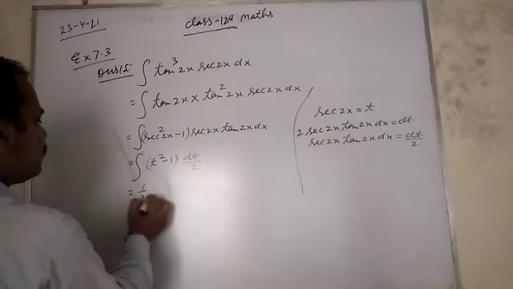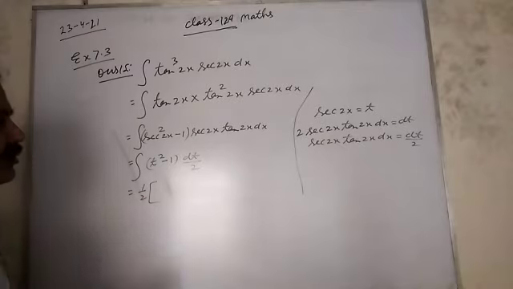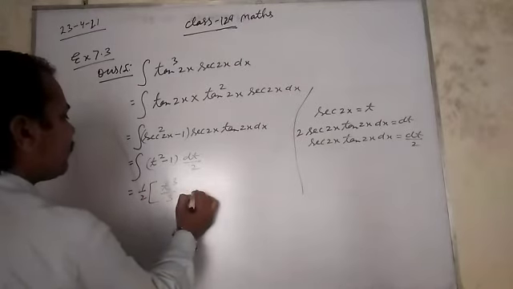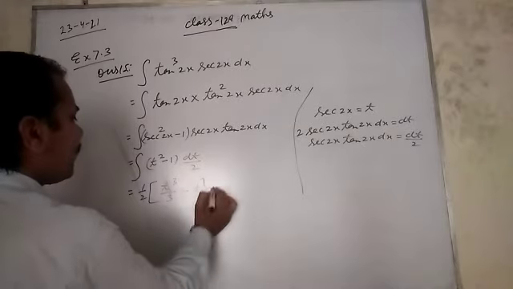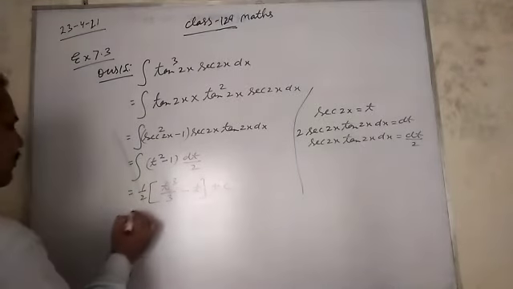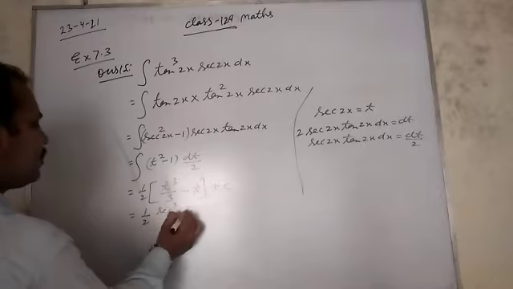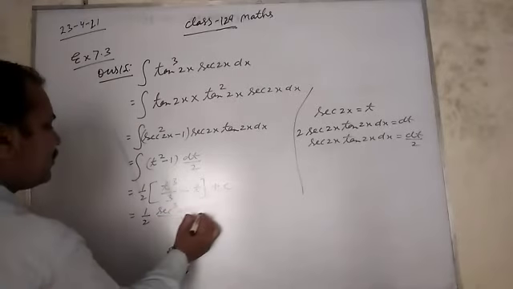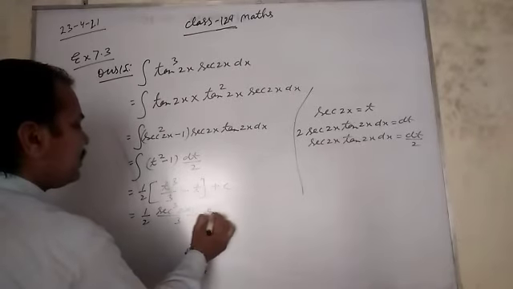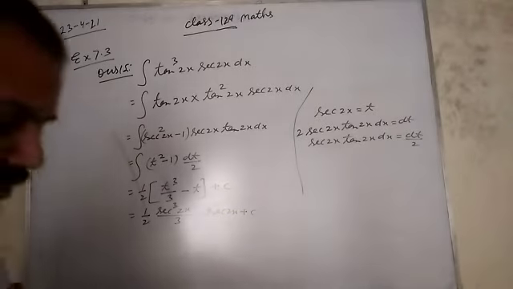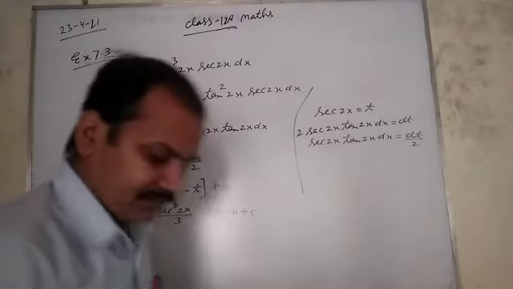So 1 by 2, then integrate it. The integration of t square is t cube by 3, minus the integration of 1, which is t, plus constant. Then putting the t value: 1 by 2 times sec cube 2x upon 3 minus sec 2x, plus constant. This will be the answer.